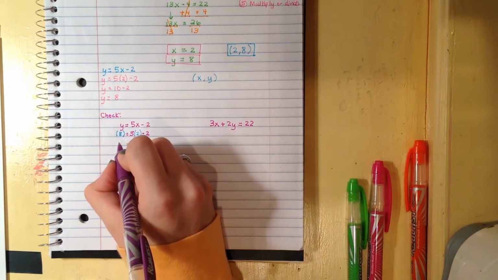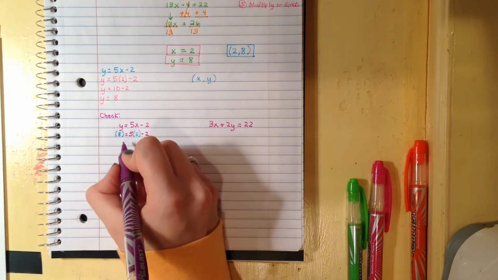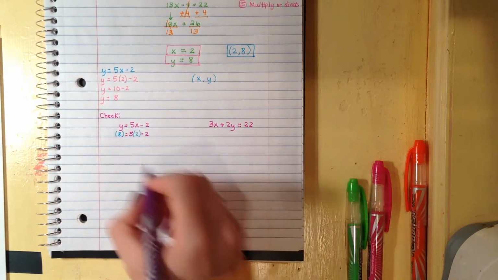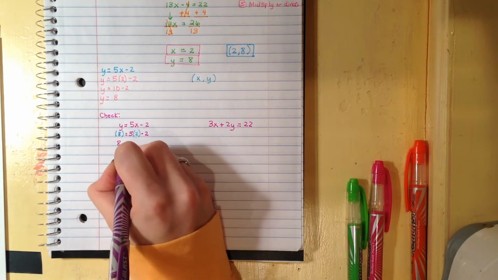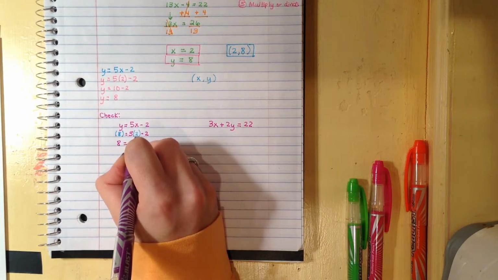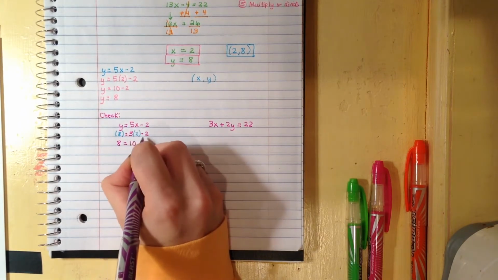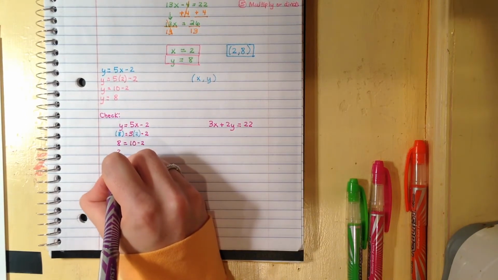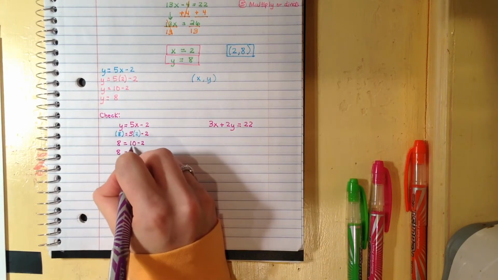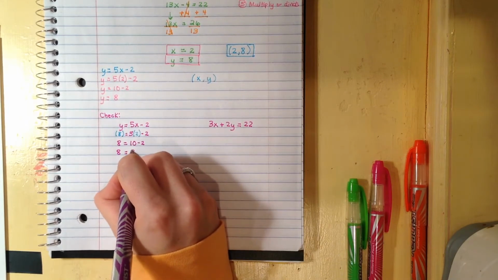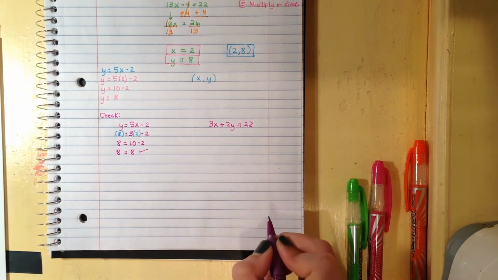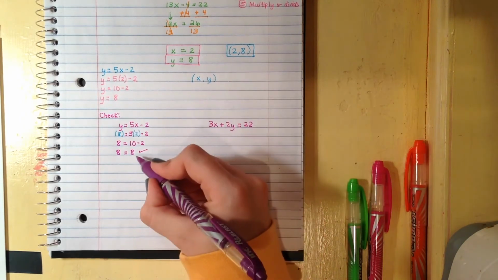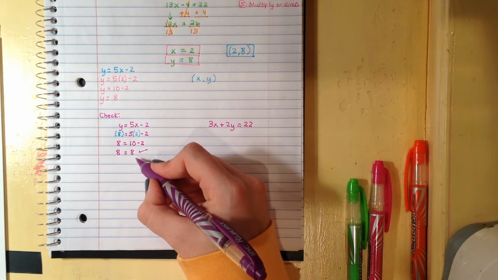Actually, I'll just simplify across from left to right. 8 will remain equals 5 times 2 is 10 minus 2. I will still bring down my 8 on the left side. 10 minus 2 is 8. Therefore, this holds true. The ordered pair 2, 8 is a solution for my first equation.